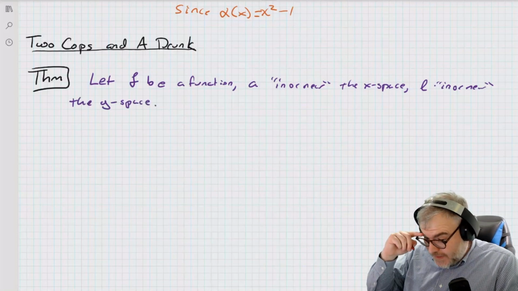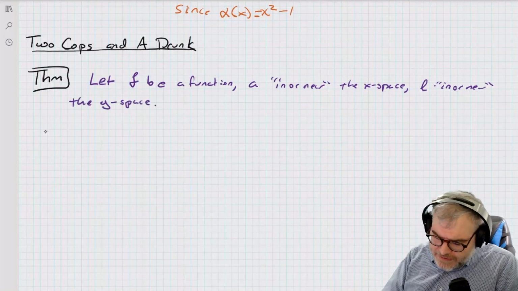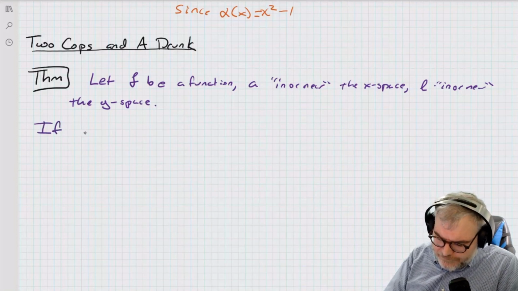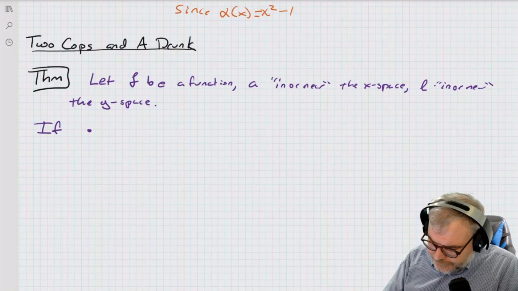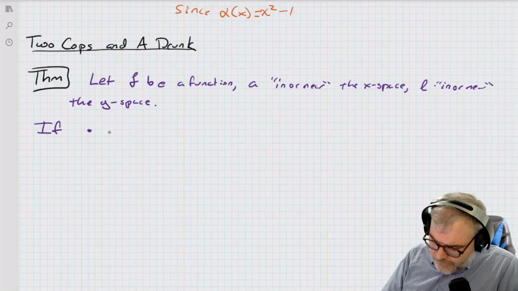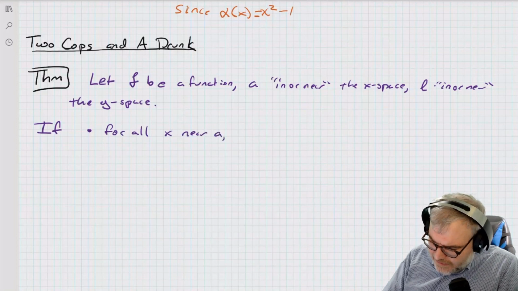Here's the preamble. Now here's the theorem.